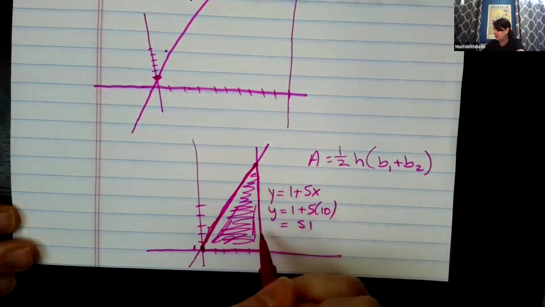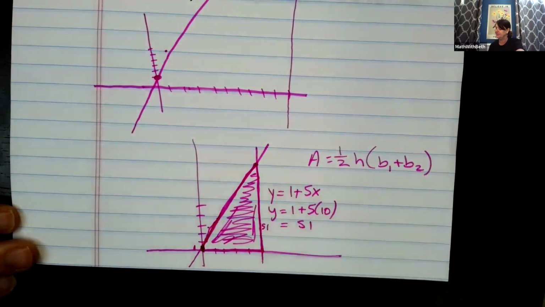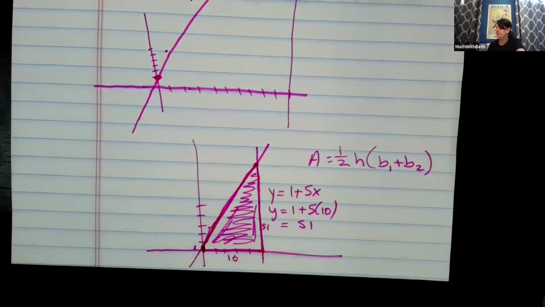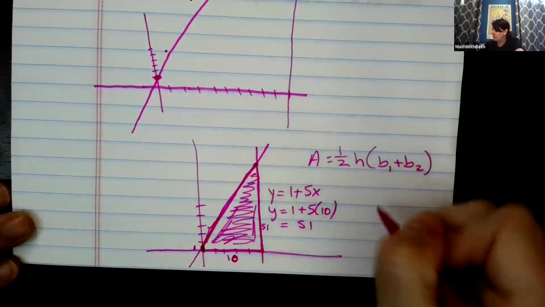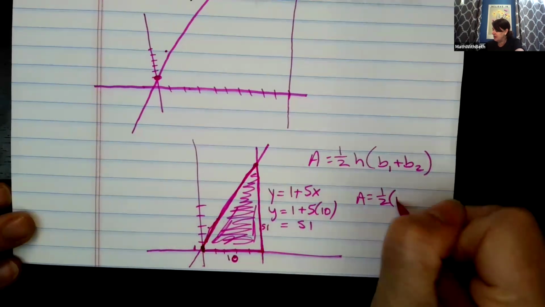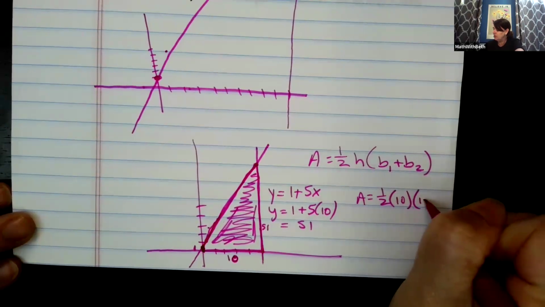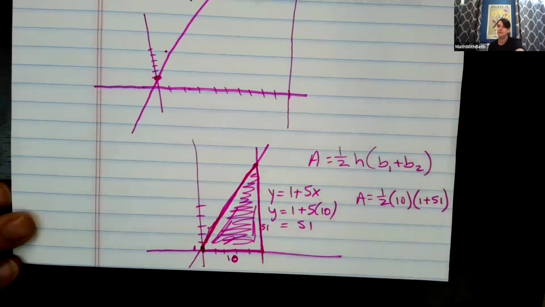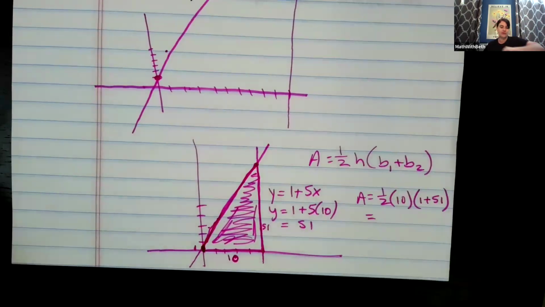So this part is 51, and then this is actually the height, which was 10. So area equals 1/2 times 10 times (1 plus 51). If you did all of that, you would end up getting 260.